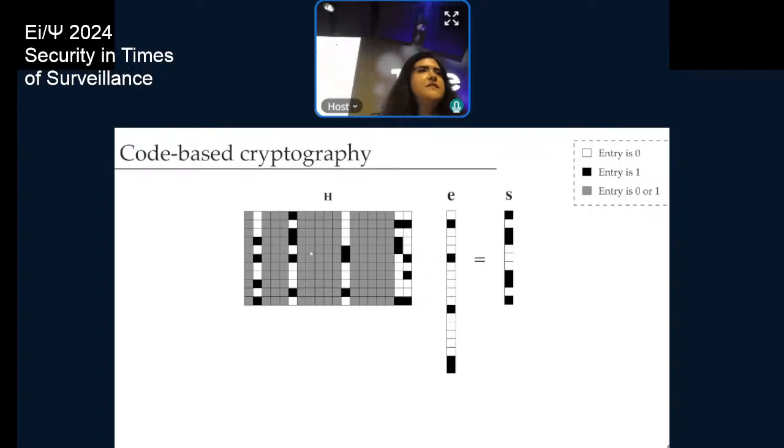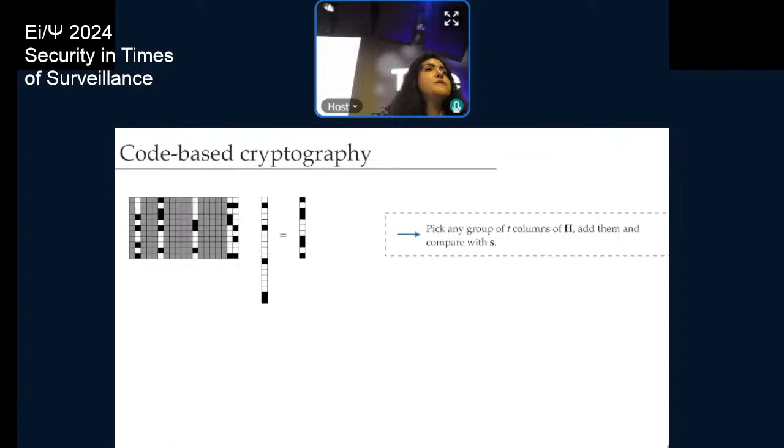All of these other columns don't really matter. So this S vector is equal to the sum of the columns that correspond to the non-zero coefficients here. Okay, so to find your E vector, what you need to brute force is which columns are taken to sum up to S.